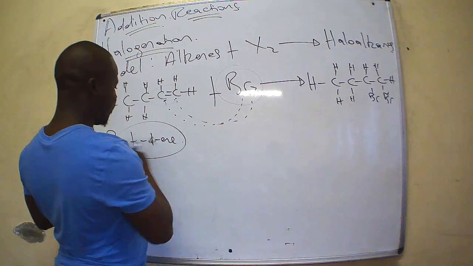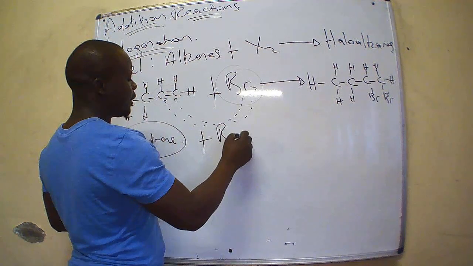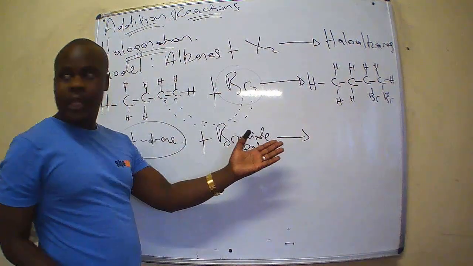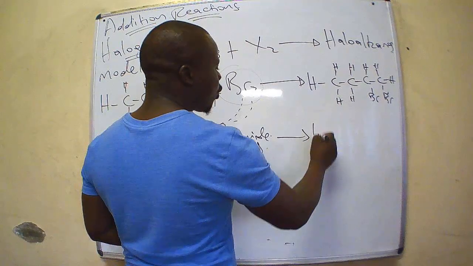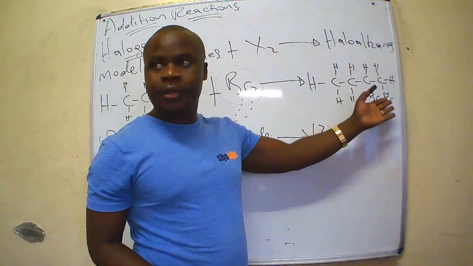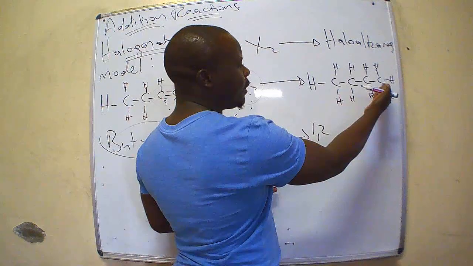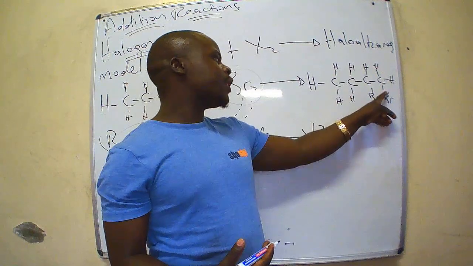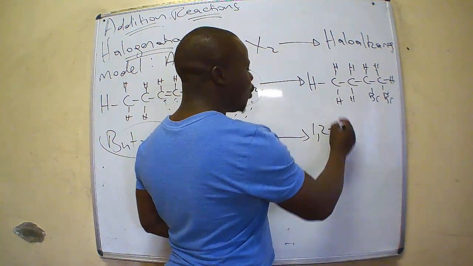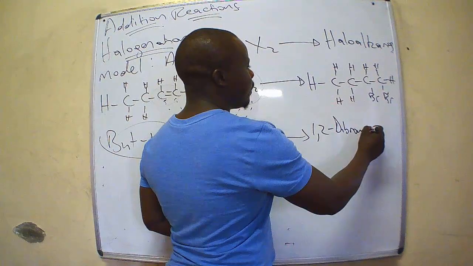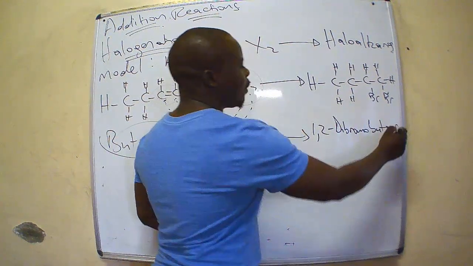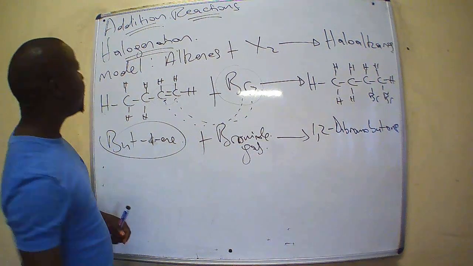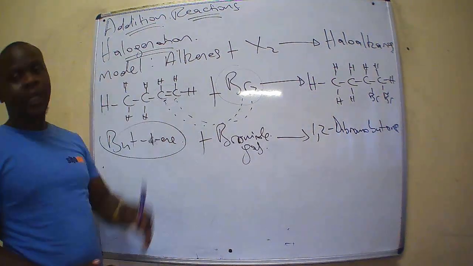So this was butene 1 reacting with the bromide gas, and the result that we have here is 1,2-dibromobutane, because when we are naming this, we need to give numbers to our functional groups, which in this case are the bromide atoms. This is how halogenation as an addition reaction takes place.